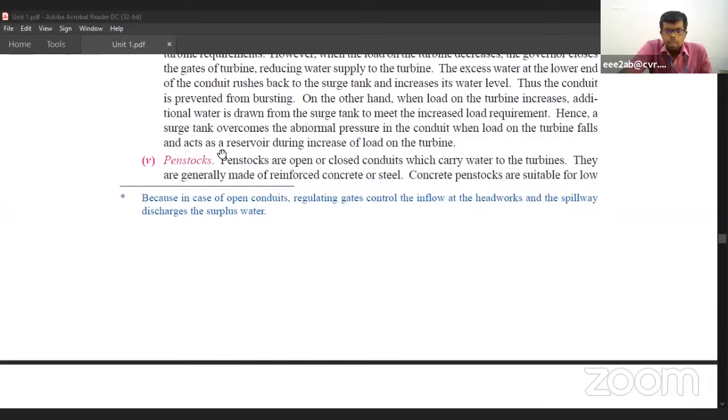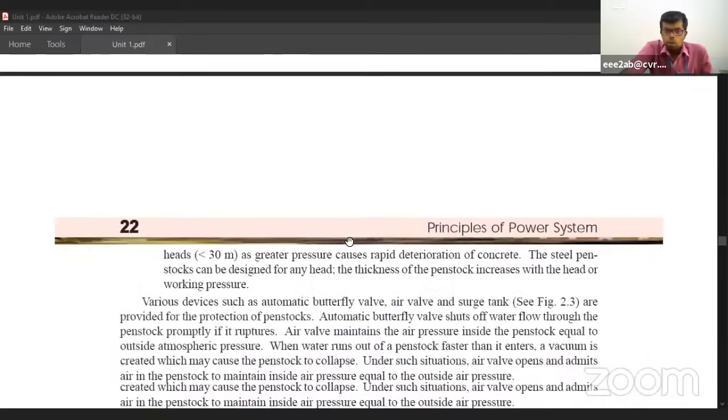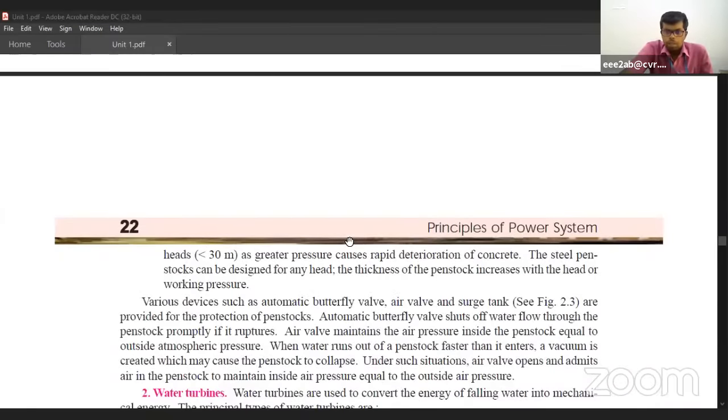We have seen penstock also. Mostly we go for concrete penstock, and sometimes steel. Do you know what the drawbacks of using steel are? Steel easily gets rusted.